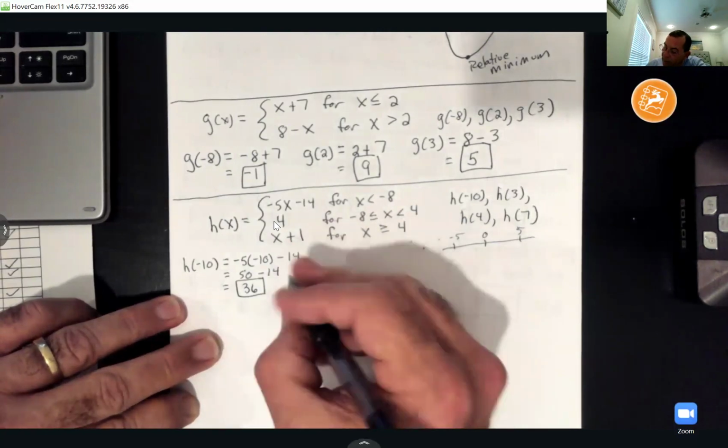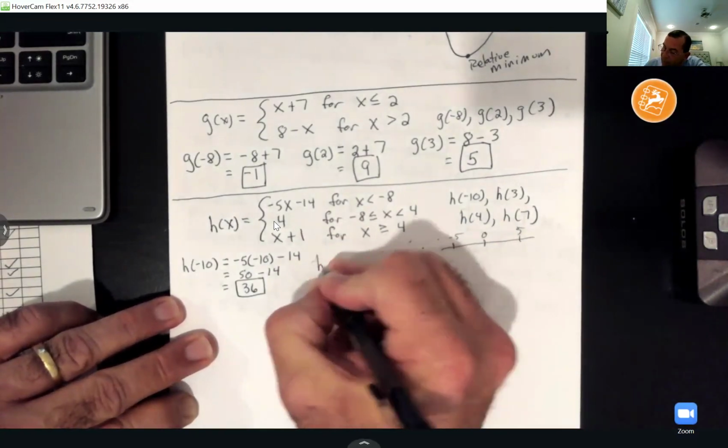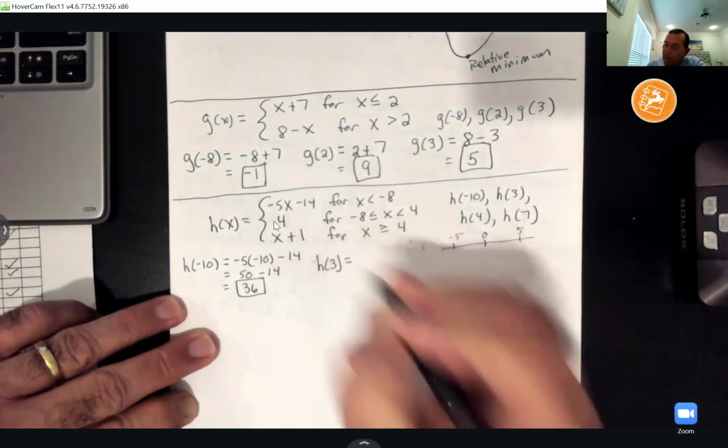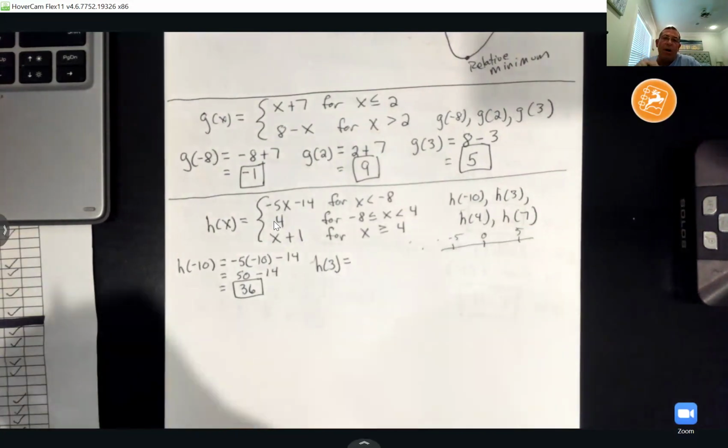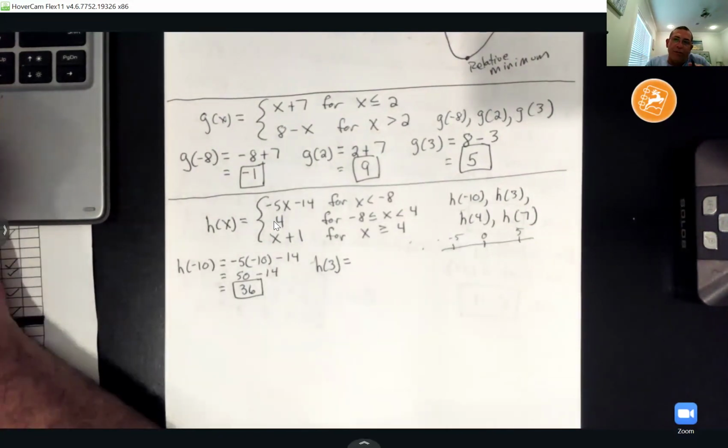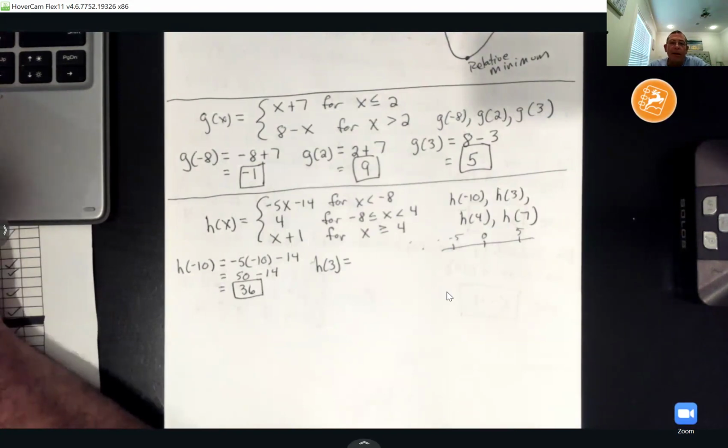H of 3. So first of all, y'all tell me for h of 3, would I use the first equation, second equation, or the third equation? Is 3 less than -8? Is it equal to -8, less than 4, or is it greater than or equal to 4?